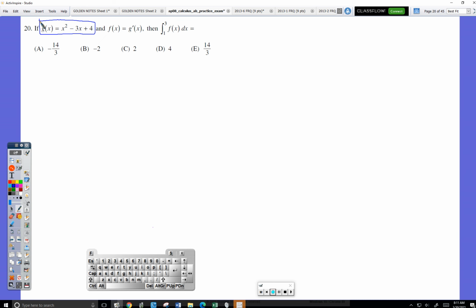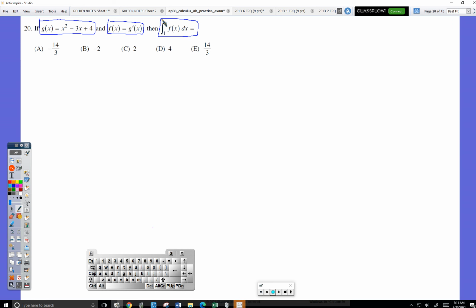They say F is G prime. Very interesting. Then they say find the integral of F. Well, you all need to have the following slogan memorized. If you don't have it memorized, write it down now so you can add it to your list of things to memorize.